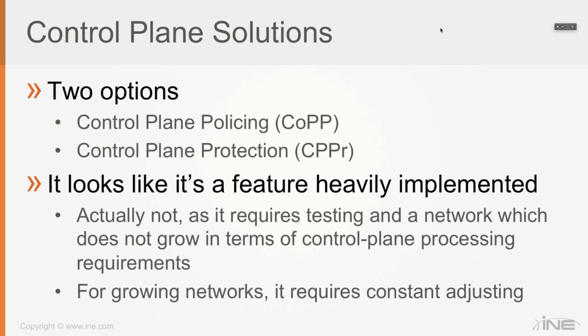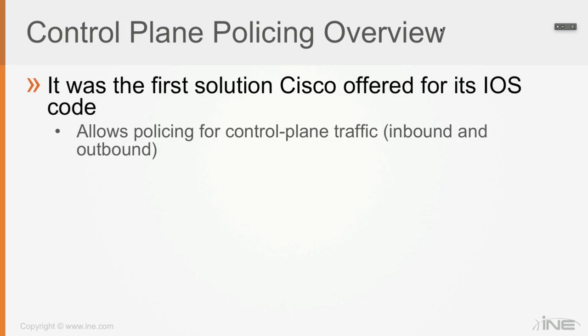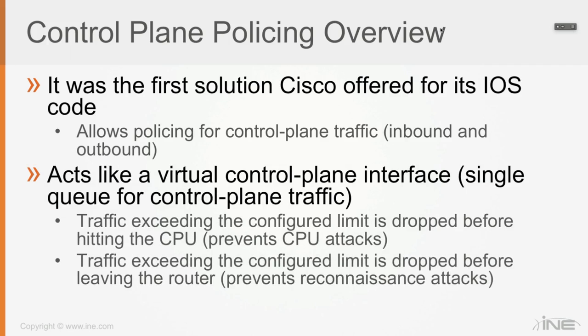Now let's speak about control plane policing to begin with. This was the first solution Cisco offered for its IOS code. And as the name states, control plane policing allows the router to police control plane traffic, both inbound and outbound. What this means is that it acts like a virtual control plane interface.